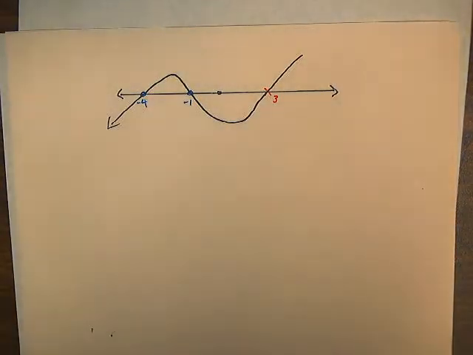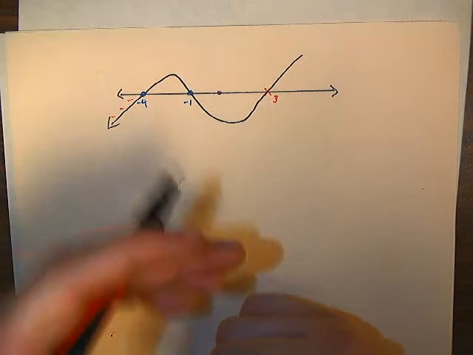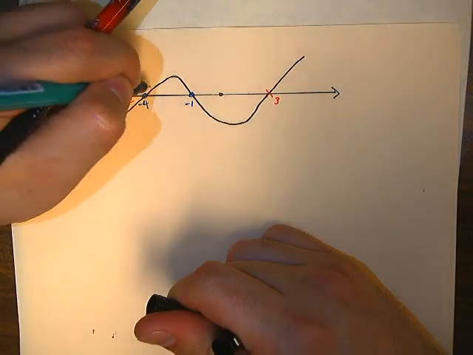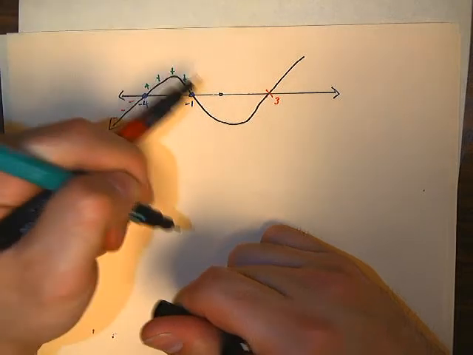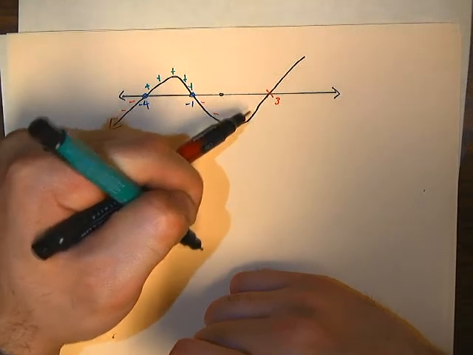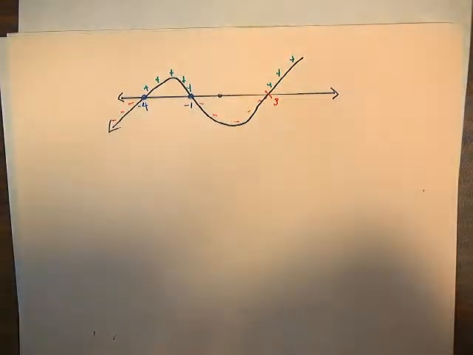Every time that I'm below the number line, it's a negative, and every time that I'm above, I have a positive value on my graph. Negative, negative, negative, negative, negative, positive, positive, positive, just like that.